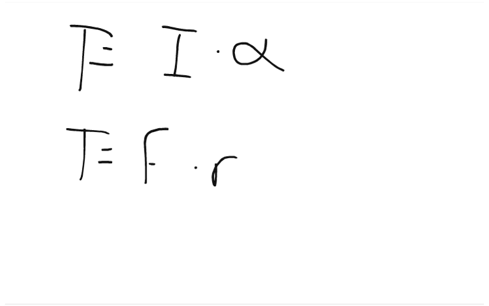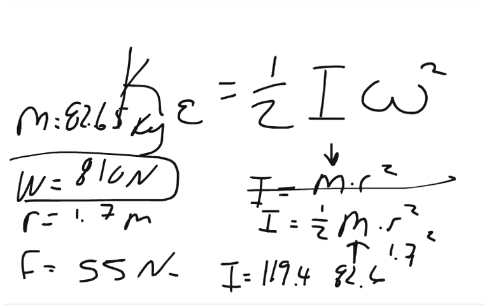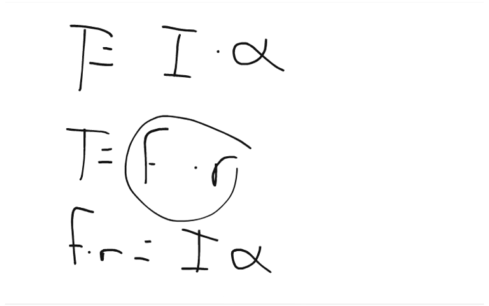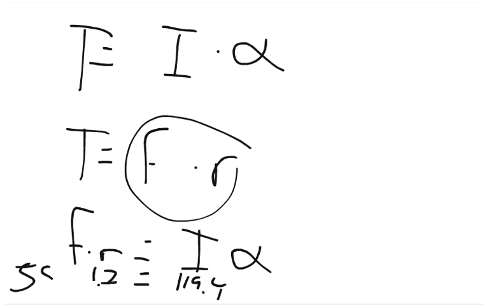So force times the radius equals the moment of inertia times the angular acceleration. Since we just solved the moment of inertia, we can plug in 119.4. We know that the radius is 1.7 meters, and the force is 55 newtons. So we can plug all of that in and solve for the angular acceleration.